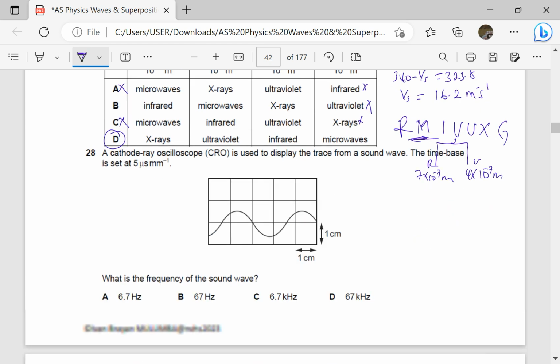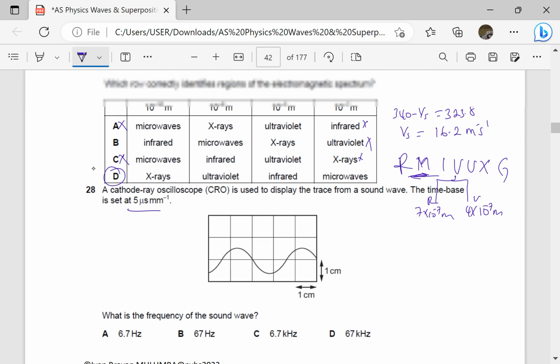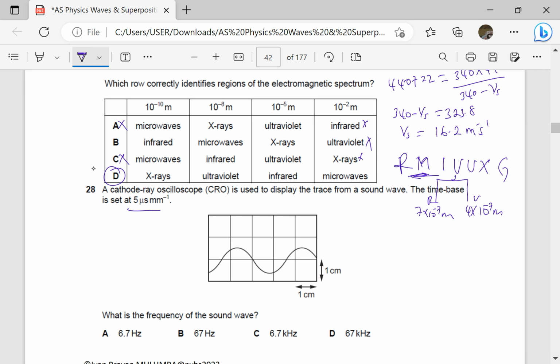A cathode ray oscilloscope is used to display the trace from a sound wave. The time base is set at 5 microseconds per millimeter. What is the frequency of the sound wave? So here we can see one cycle. It is very hard to estimate one cycle here, but we are going to try.